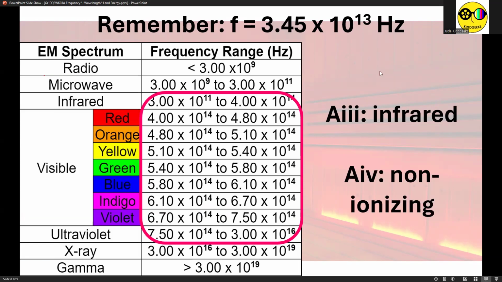And lastly, infrared is considered non-ionizing. It mostly causes vibration of molecules. Nothing bad really happens when it comes to non-ionizing radiation. But then again, it still depends.